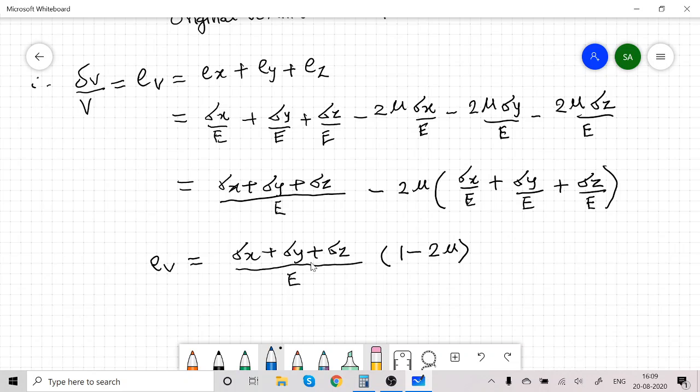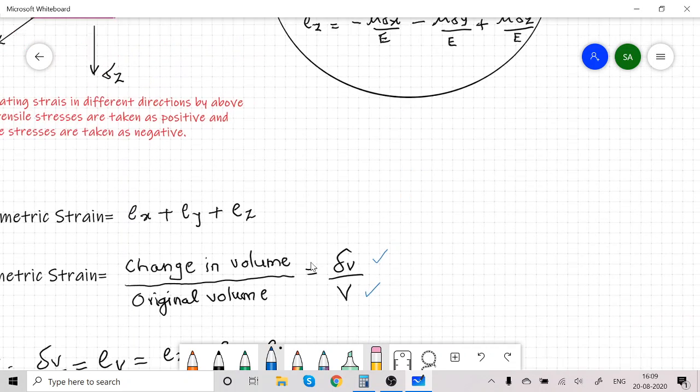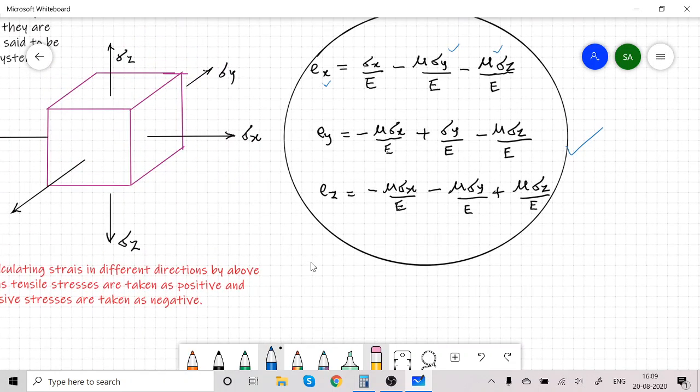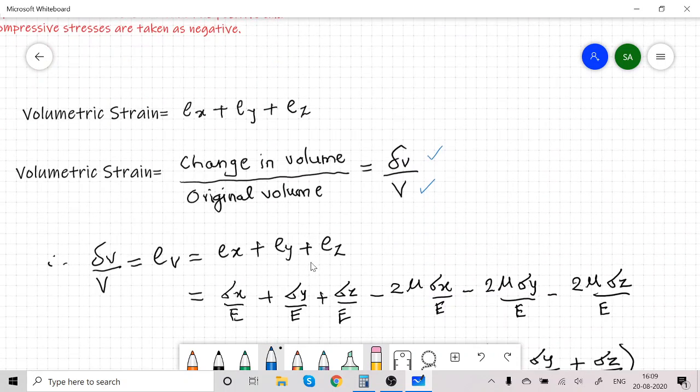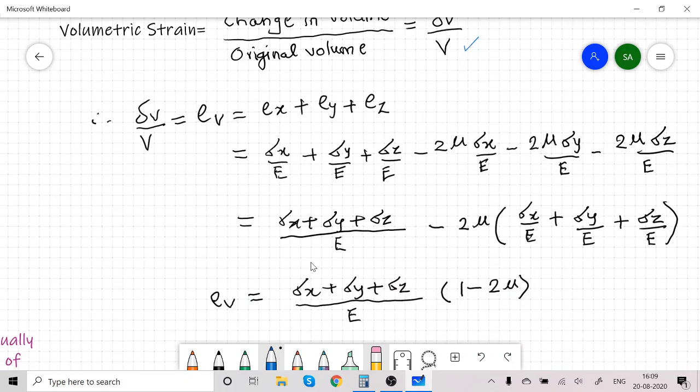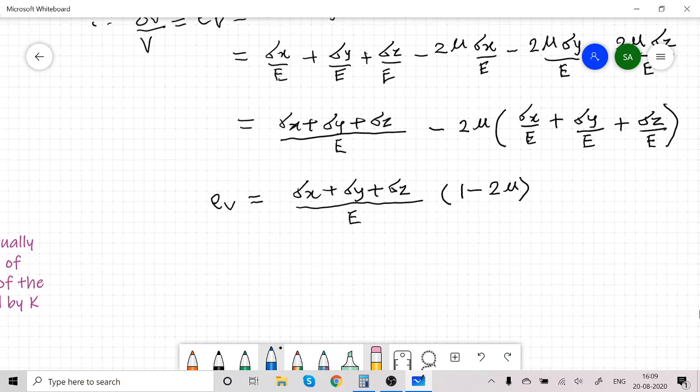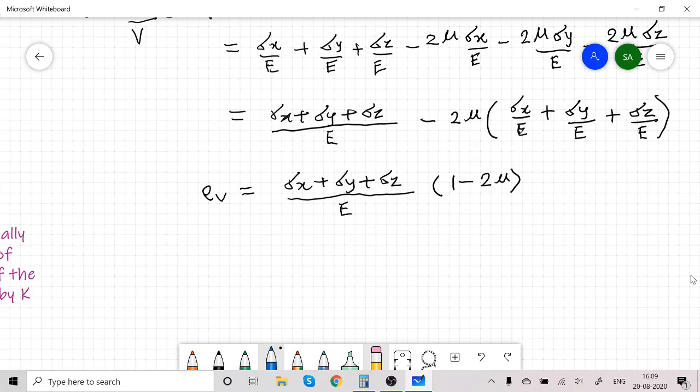It is very simple. See, these values of strain in various directions Ex, Ey, Ez are substituted in this volumetric strain formula and simplified, and what I get, volumetric strain is equal to sigma x plus sigma y plus sigma z upon E into bracket 1 minus 2 mu.